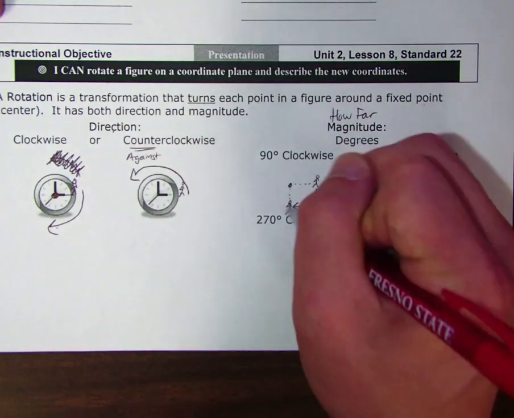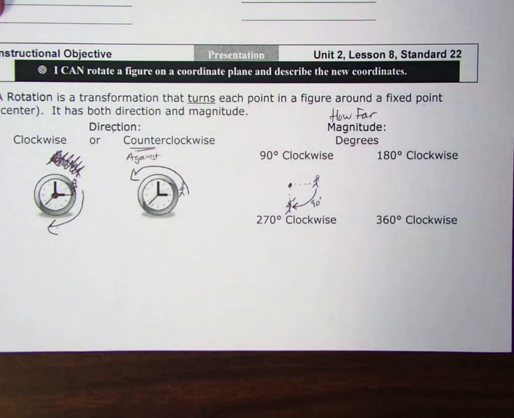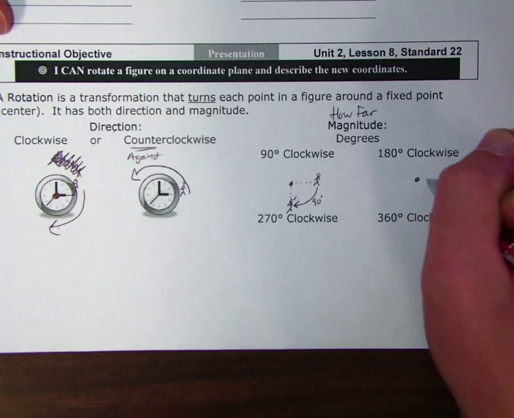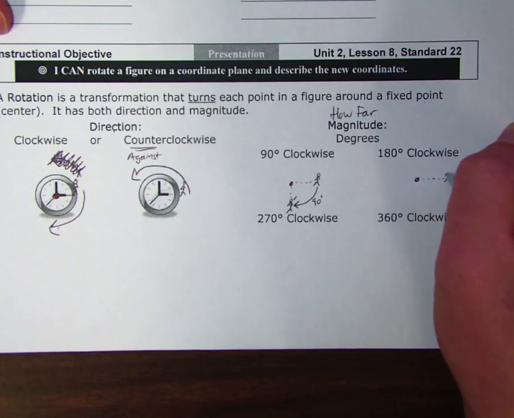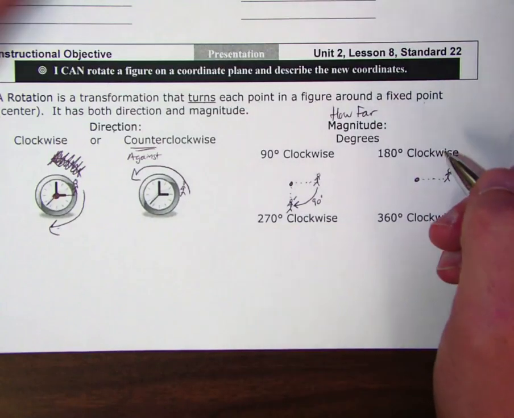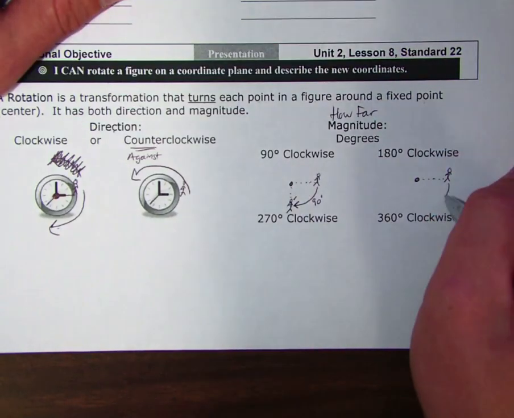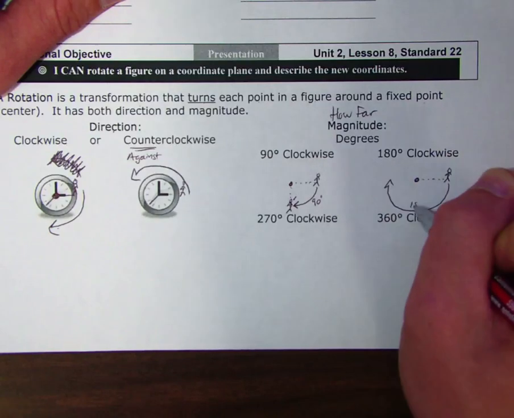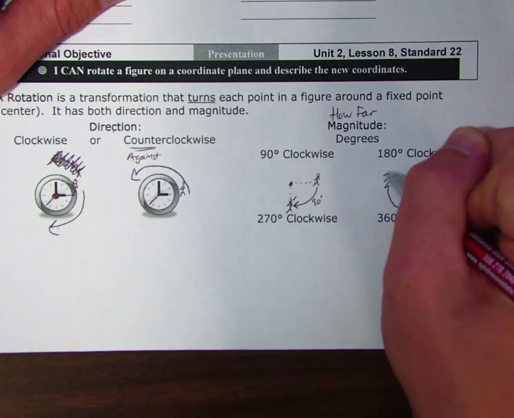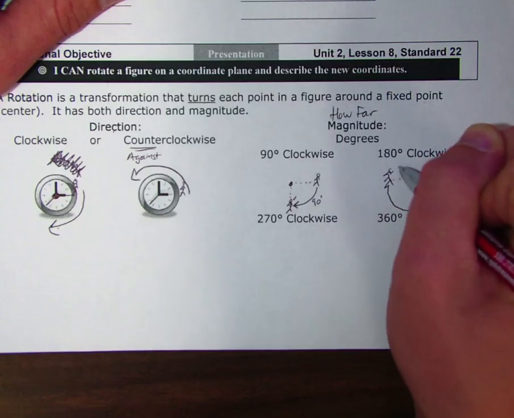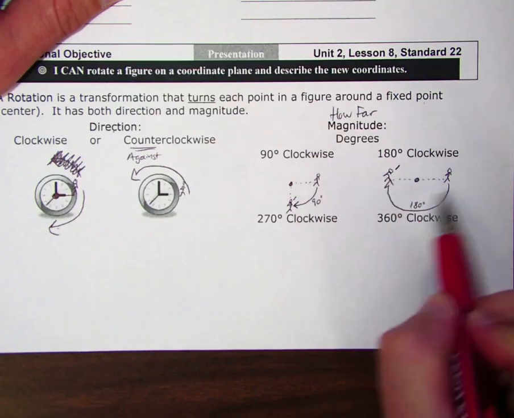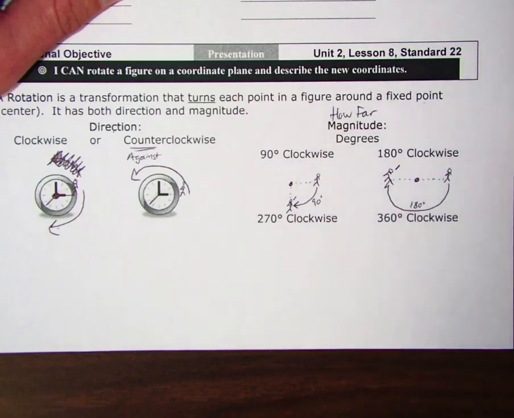This is my pre-image. This, with a little prime on me, is my image. What about 180 degrees? Here's my center of rotation. Here I am hanging out here. If I go clockwise now, I'm going this direction, but I'm going to go 90 plus another 90, which is 180 degrees. And then there I am, and I'll put the prime on because that's my image, my after. Here's my before, my pre-image.